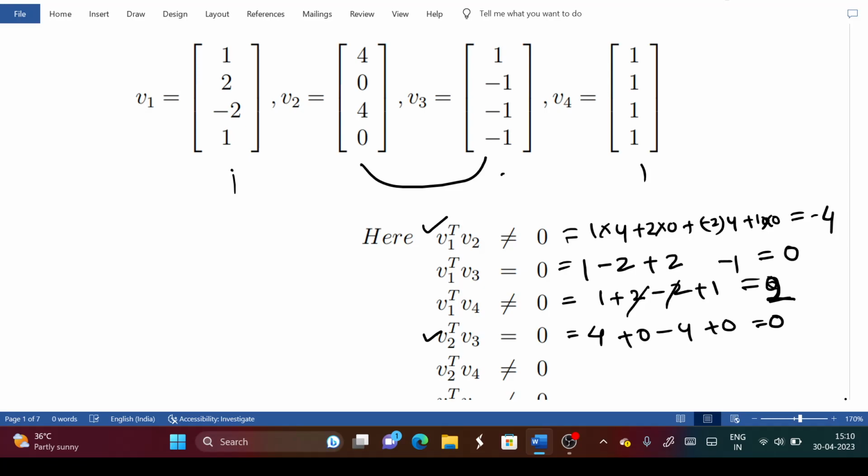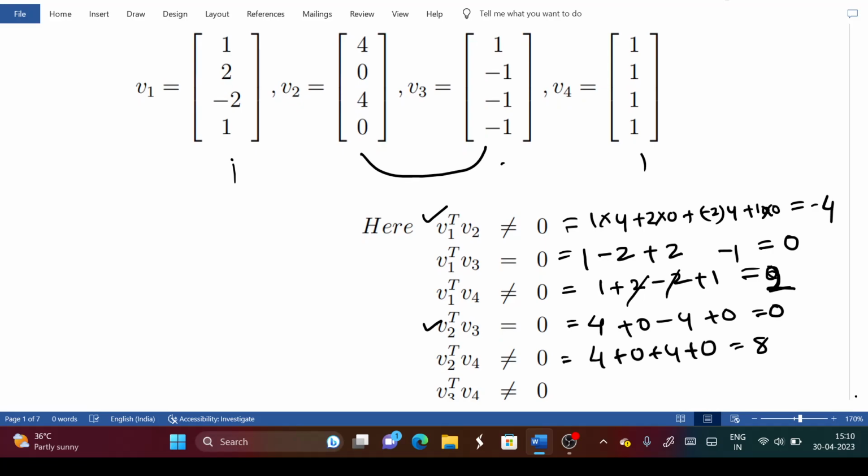Now v2, v4. All are 1. So we just have to add the components: 4 plus 0 plus 4 plus 0. It is 8, which is not equal to 0. Then v3, v4. Again addition.